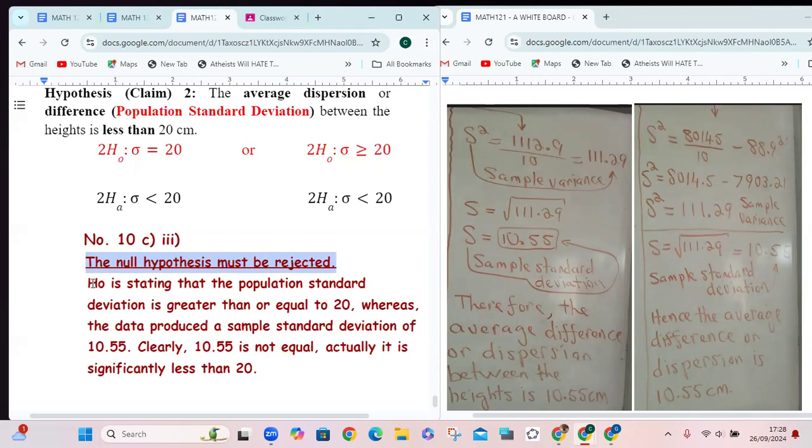Because the null is stating that the population standard deviation is greater than or equal to 20, whereas the data produced a sample standard deviation of 10.55. Clearly, 10.55 is not equal to 20. 10.55 is actually significantly less than 20. So for this reason, we have to reject the null hypothesis.